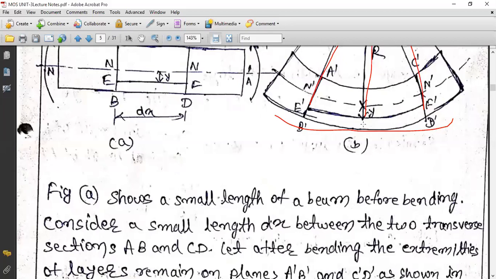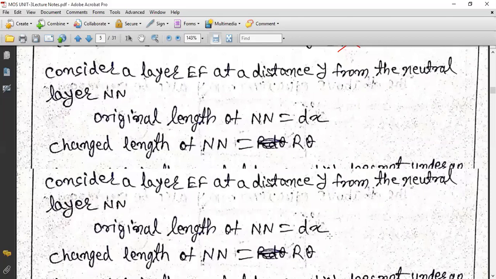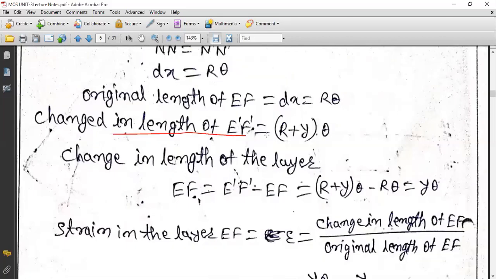So the radius for this layer E'F' is r plus y, and the length is radius into angle, so E'F' is equal to r plus y into theta.